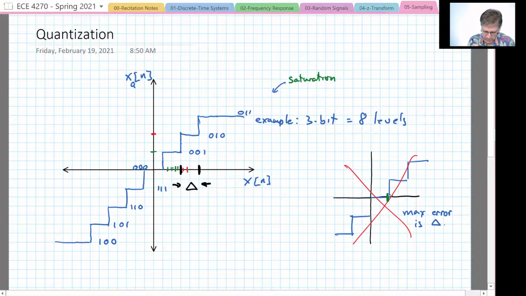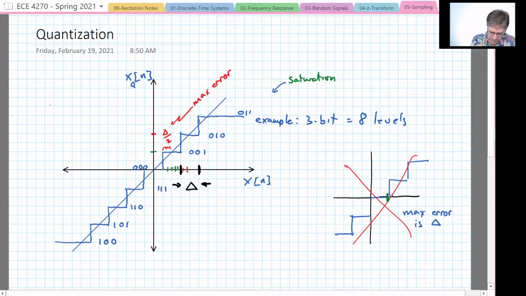Whereas with this one, if we were to draw a line right through the middle to illustrate our perfect situation, the maximum we're going to be off is only delta over 2 for our maximum error.